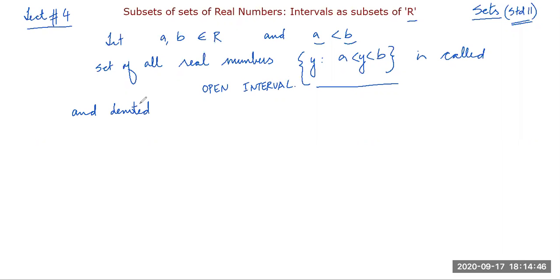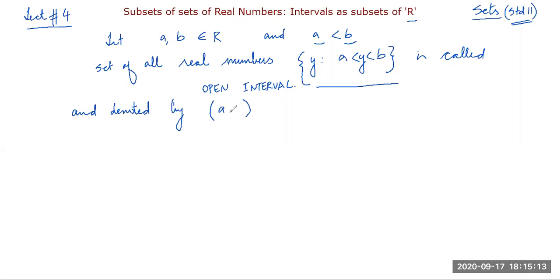It would be better, students, if you write along with me and ask your questions also. It's denoted by, see students, now the interesting thing, y is not equal to A and y is not equal to B. So we call it an open interval and we use these braces.